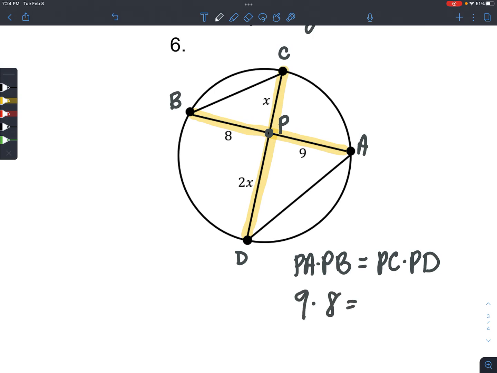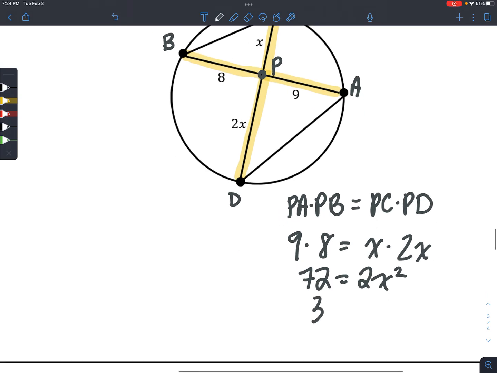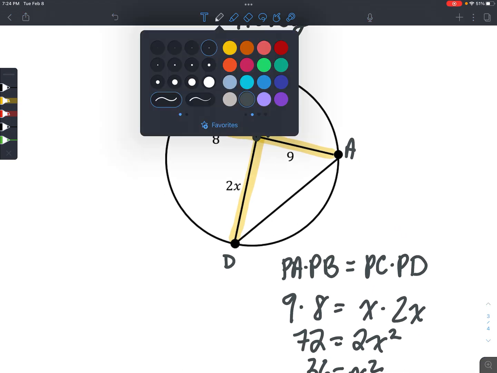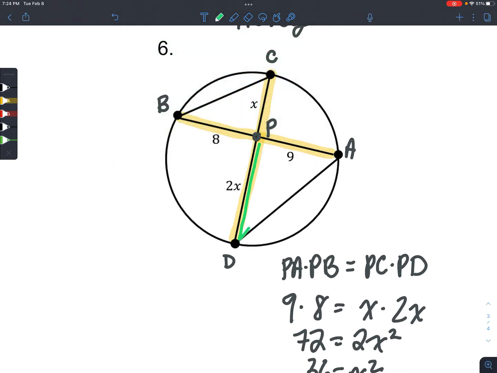So PA is 9. PB is 8. PC is X. And PD is 2X. So this one comes out really nice because we have a perfect square. So X has to be 6. So this case is the easiest to see, I think, for the theorem.